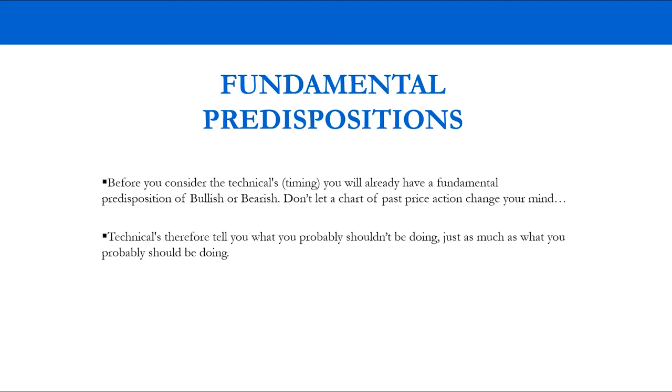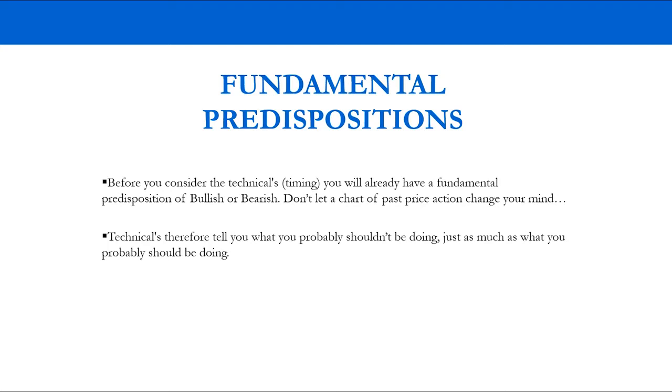So when we looked at the traffic light system, we know at this stage we have our fundamental predisposition, and we have a red on our traffic light system, a don't trade. Technicals therefore tell you what you probably shouldn't be doing.